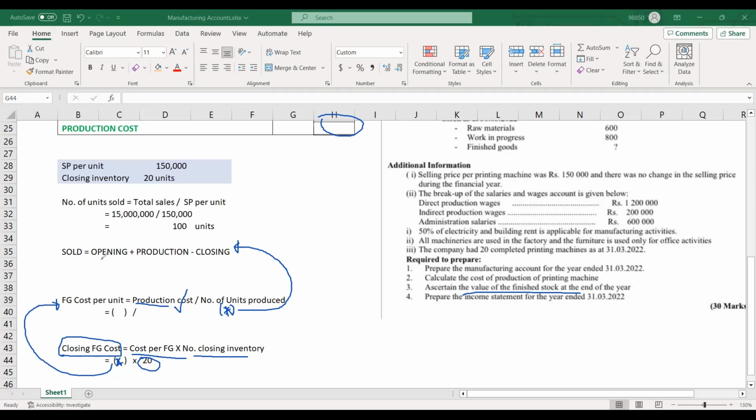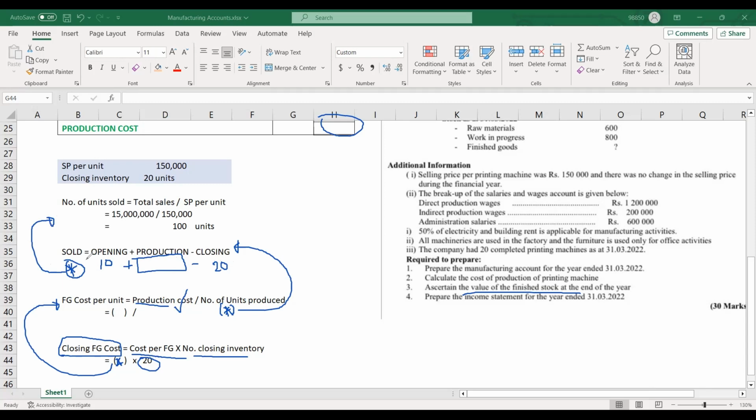It's given in the sum, right? I don't want to scroll up, it'll mess everything up. So 10 plus, this is the one we want to find out, minus closing, is also given, 20. So to find this out, we need this value.